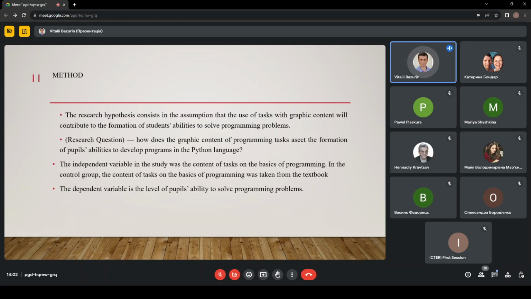The independent variable in this study was the content of tasks on the basics of programming. In the control group, the content of tasks on the basics of programming was taken from the textbook. In the experimental group, the content of the tasks was developed by the authors of this article. The dependent variable is the level of pupils' ability to solve programming problems.